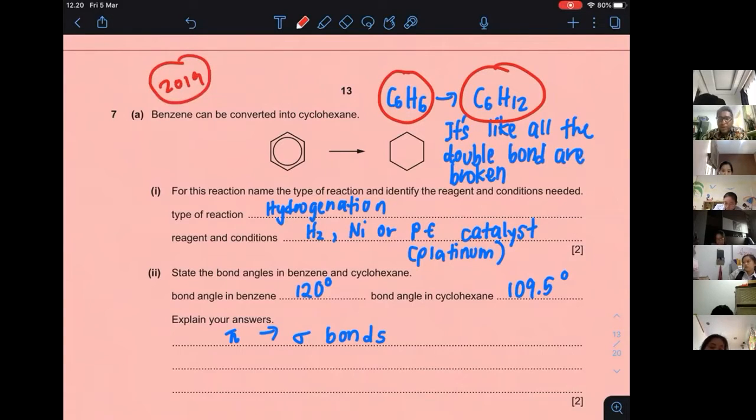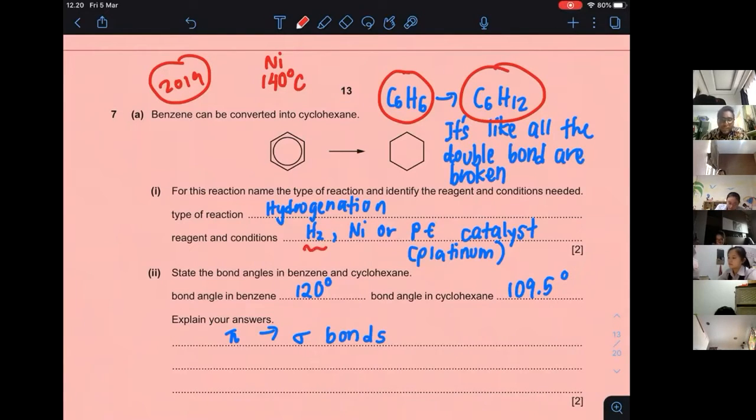Benzene will undergo hydrogenation, and the conditions are going to be the same as the ones we memorized last time. For alkene, the condition is nickel catalyst, 140 degrees Celsius. Now it's almost the same: we use hydrogen gas with a nickel or platinum catalyst.